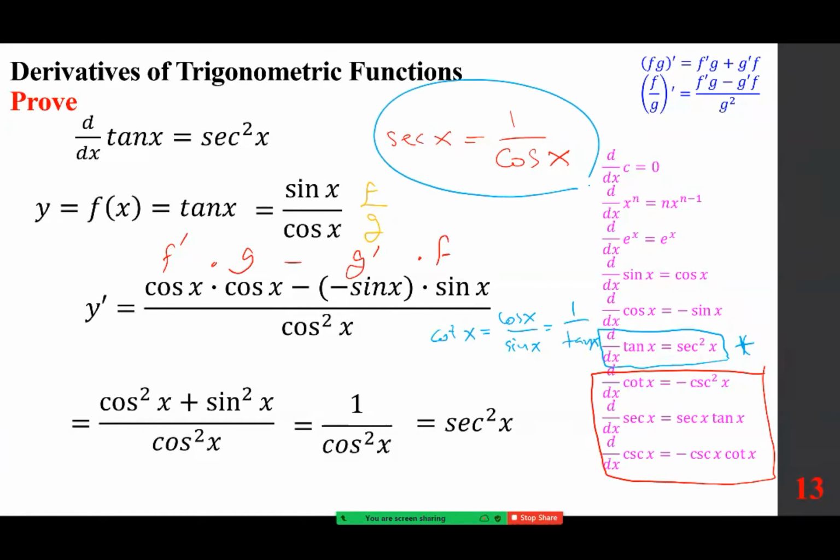For secant, you can use that. For cosecant, you could use 1 over sine. I highly recommend you try at least some of them with the quotient rule. It's good for practice.